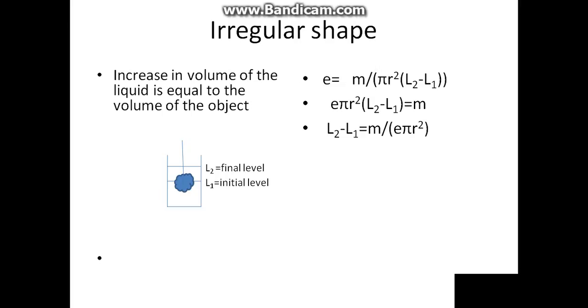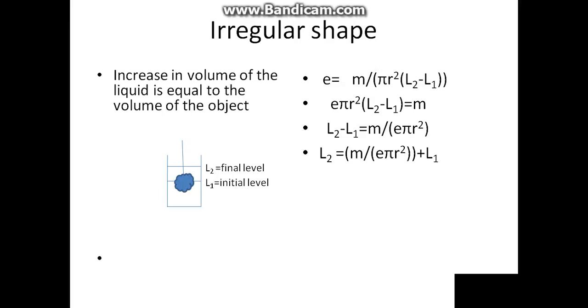Then, substituting this into the density, we have that density equals m, that is the mass, over the volume, which is pi r squared in bracket L2 minus L1. Then, cross multiplying, we have that density times pi r squared in bracket L2, that is the final level, minus the initial level, is equal to mass m.